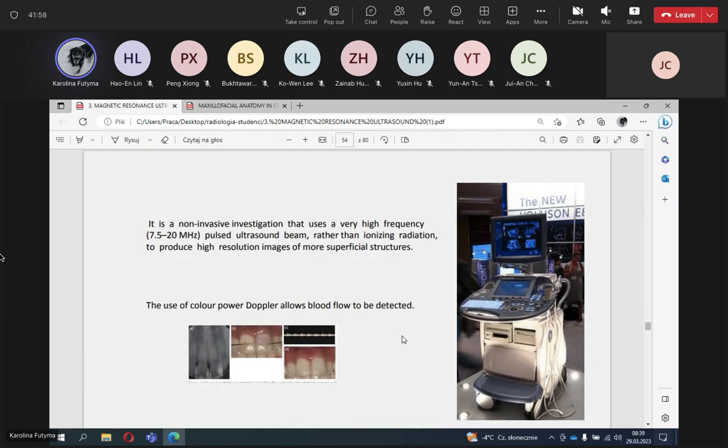The frequency is from 7.5 up to 20 megahertz. Rather than ionizing radiation. So this is another method where we are not using radiation. And we are using those high-frequency pulsed ultrasound beams to produce high-resolution images of more superficial structures.